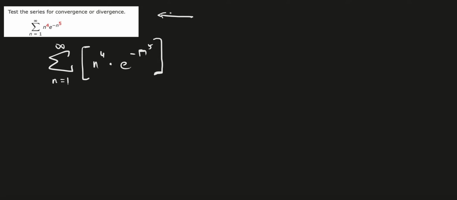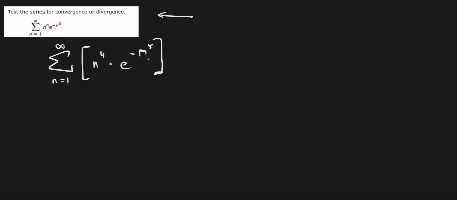I'll repeat that one more time, it's important. Make sure to manipulate stuff before jumping to conclusions that you can't use a certain test. Manipulations are important, and that's going to help you determine if it's convergent or divergent.